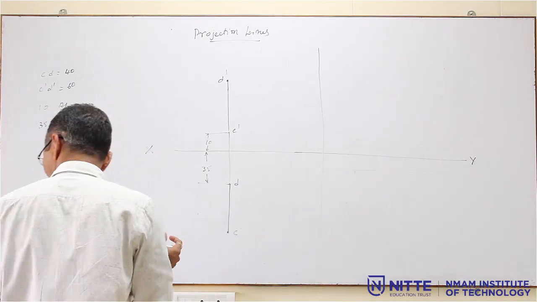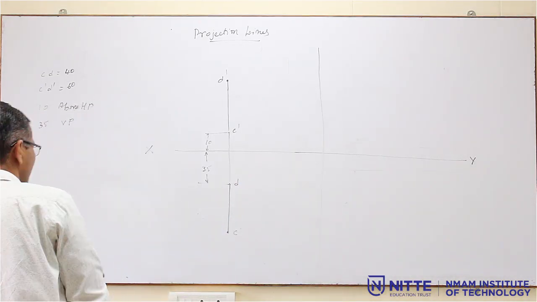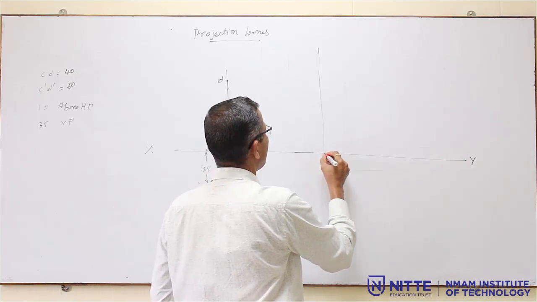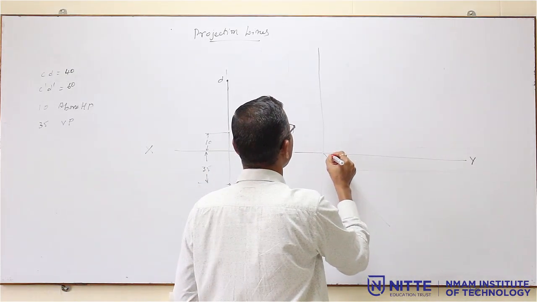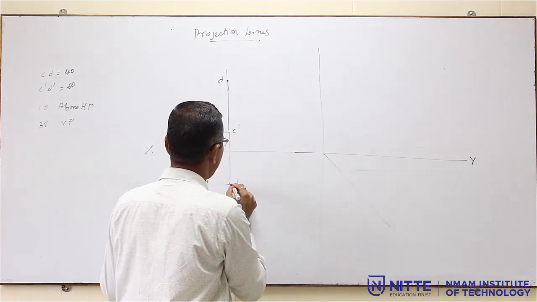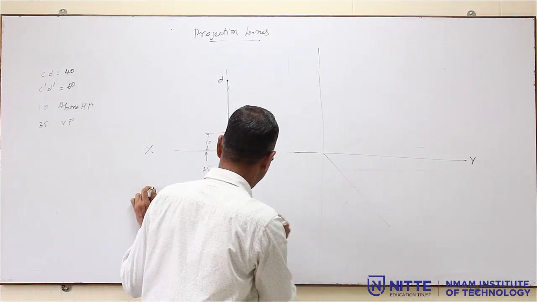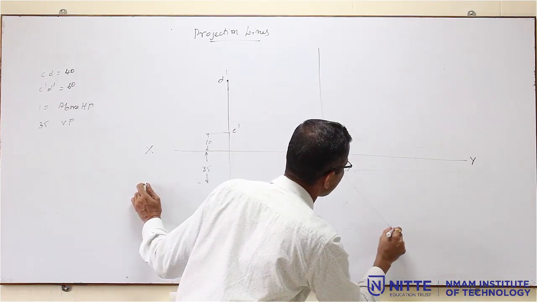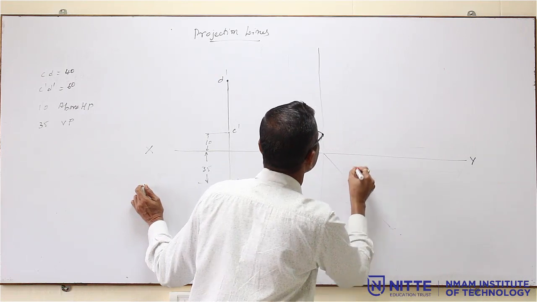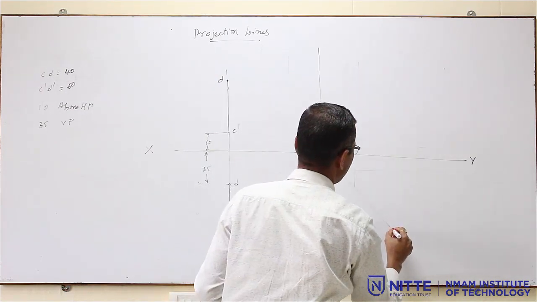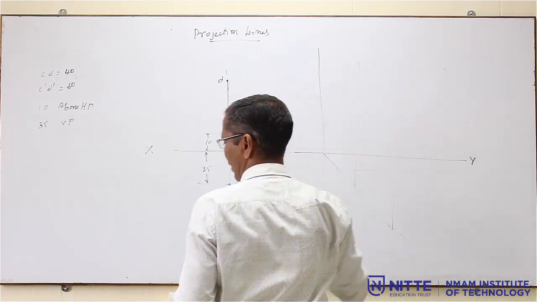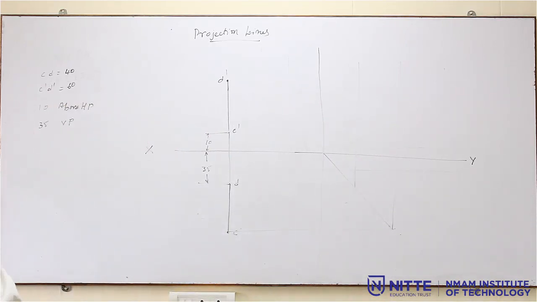Now, for this, if you draw the profile view, draw the 45-degree line and project these 2 points C and D and project it here. Then project horizontally.